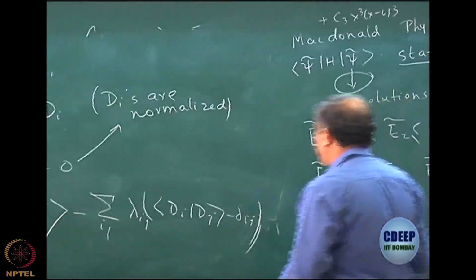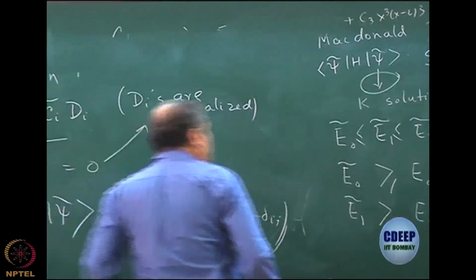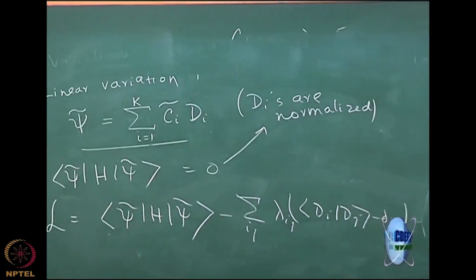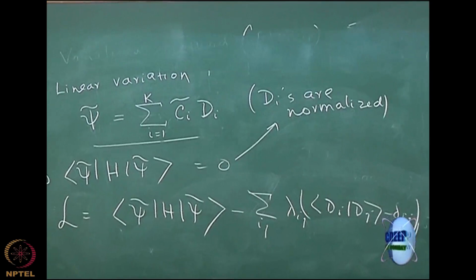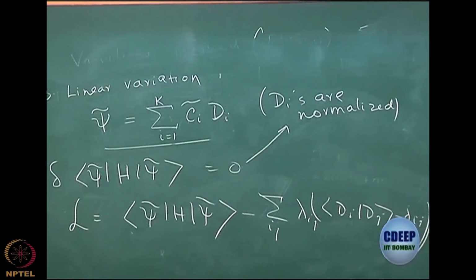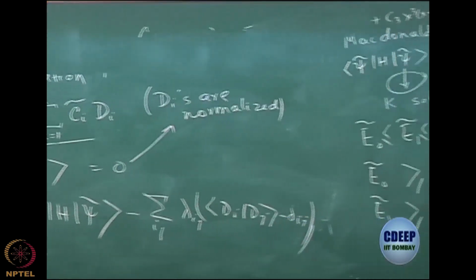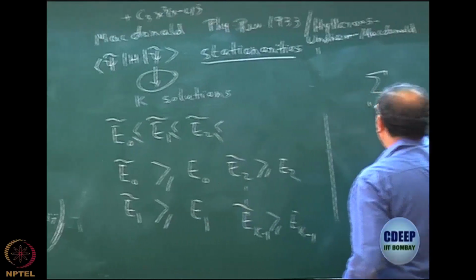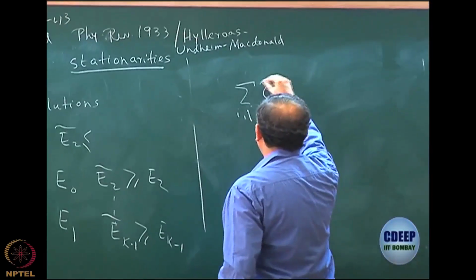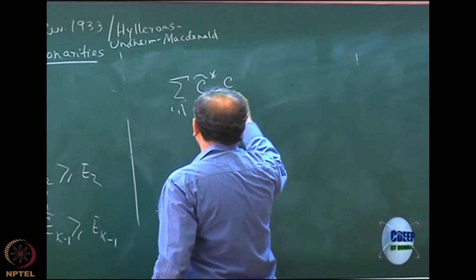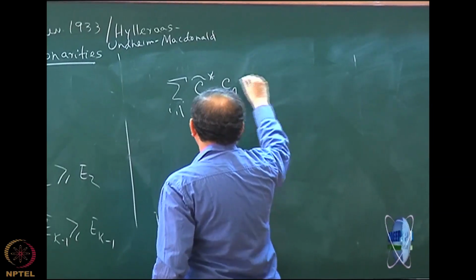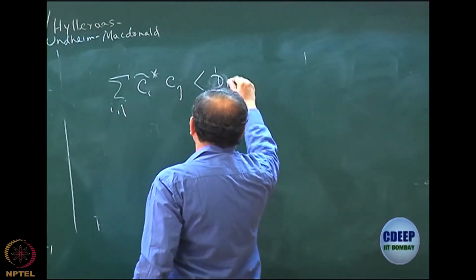So let's do it very quickly, how the first order change becomes 0. So let's expand the psi tilde. I had already done this expansion once in proving the Rayleigh-Ritz variation principle. So it's the same thing, sum over ij Ci tilde star Cj di h dj.